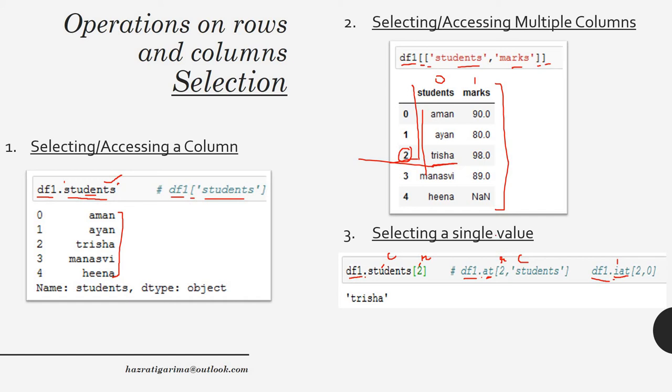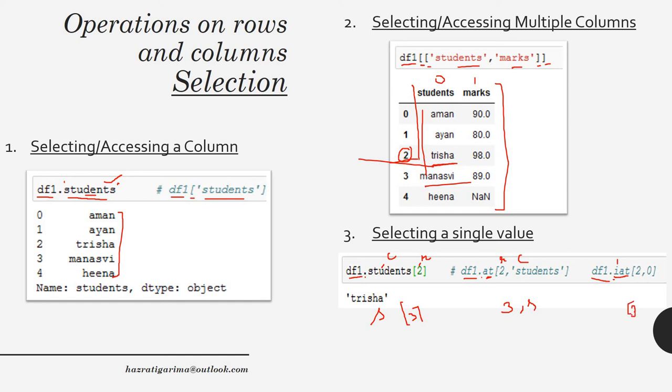Suppose I want to access Manaswi. Then I have to write student over here, and in brackets the index, that is 3. Same case if I want to use the at command: I have to write 3, that is the row, comma student. And if I want to use iat, then I have to write 3, 0.